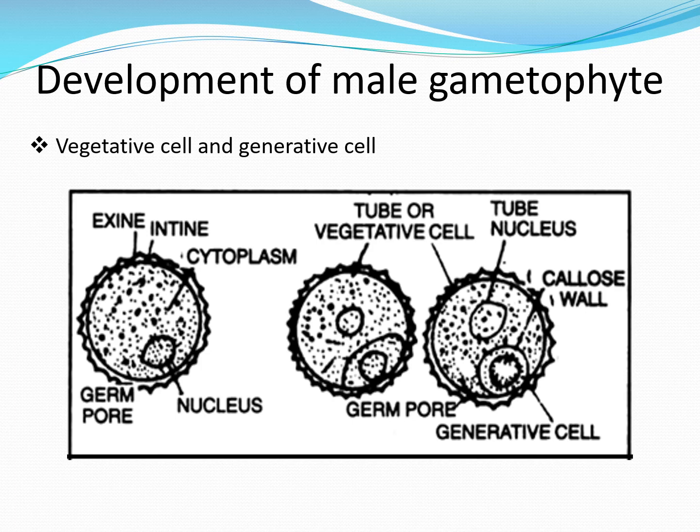The shape of the generative cell may become ellipsoidal, vermiform, fusiform or lenticular. The elongated form of the generative cell facilitates its passage through the pollen tube. If we see the structure of the vegetative cell, the nucleus of the cell is spherical with thin chromatin material.